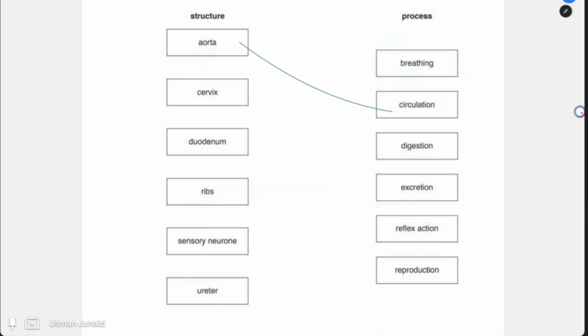The cervix is a part of the female reproductive system. So, which process? Reproduction. Duodenum. Duodenum is a part of the small intestine. So, what is it going to be a part of? Digestion.